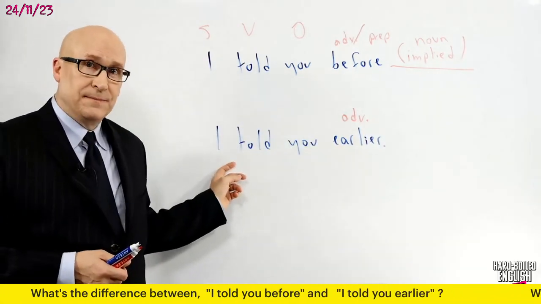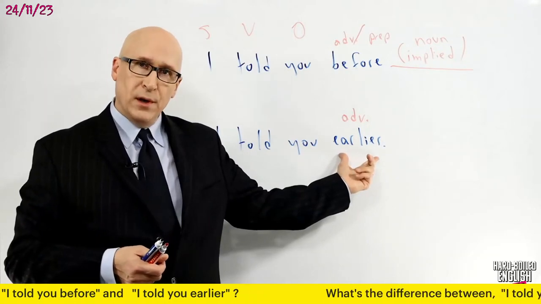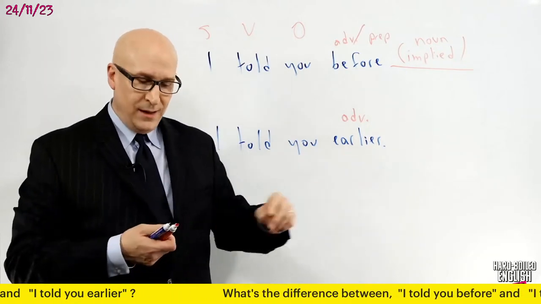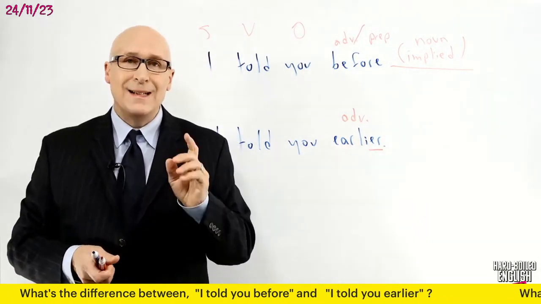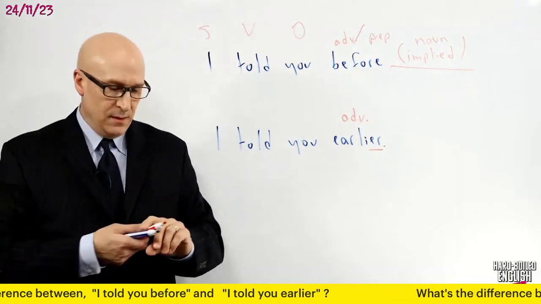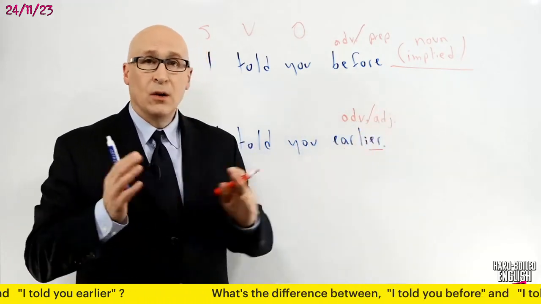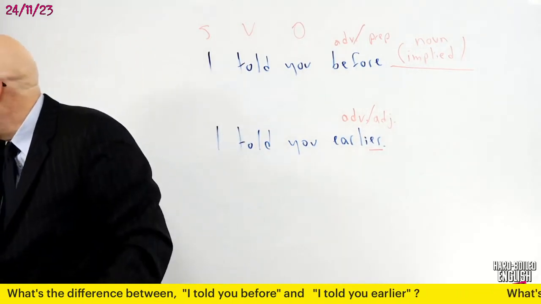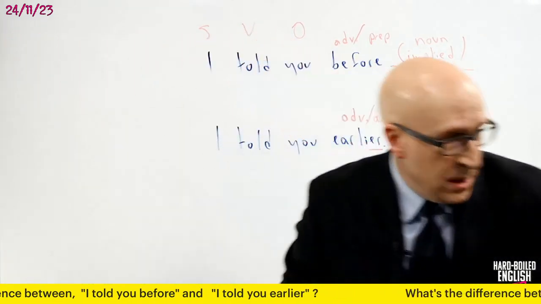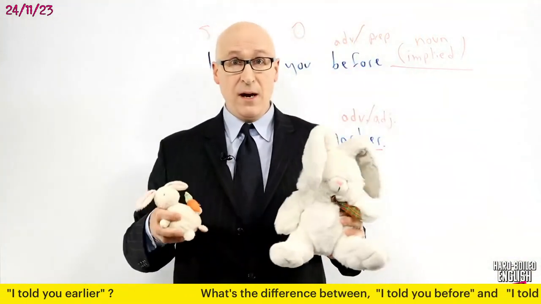Let's look at this one. I told you earlier. Earlier than what? Now, if we look closely, earlier is a comparative adjective as well as an adverb. Earlier than something else, right? In a previous episode, we talked about comparatives, and we talked about how adjectives can compare, right?